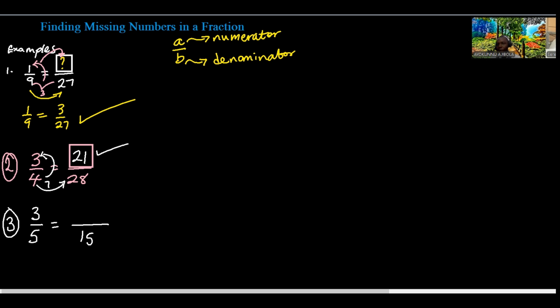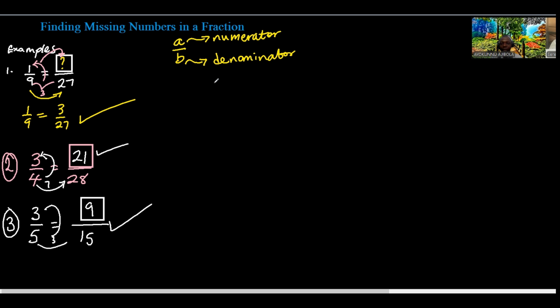So I'm going to put a box here. Then you can try it and just tell me. The answer is 9. That's correct, because 5 times 3 gives me 15, and 3 times 3 is 9. Good. That's a very good one.